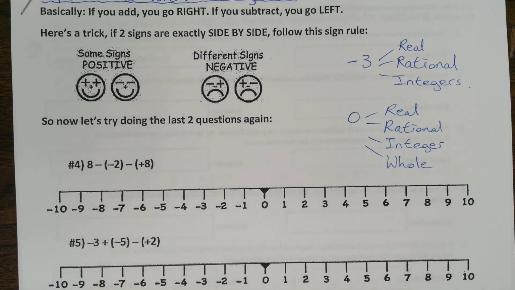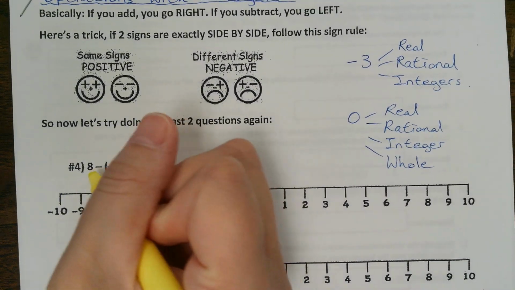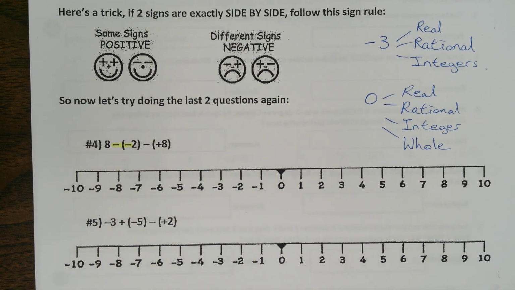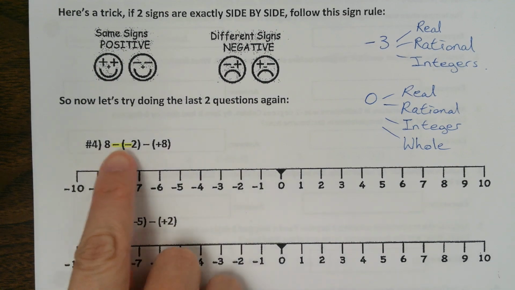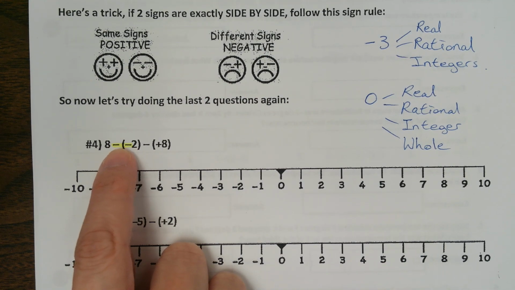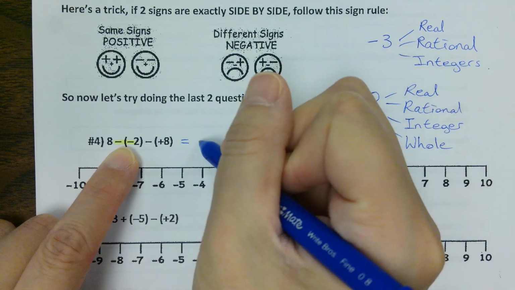So what do I mean by two signs side by side? I mean like this. So notice right here, bracket doesn't count. So when it's 8 minus -2, these two signs right here, what do they combine to become? Plus, right?